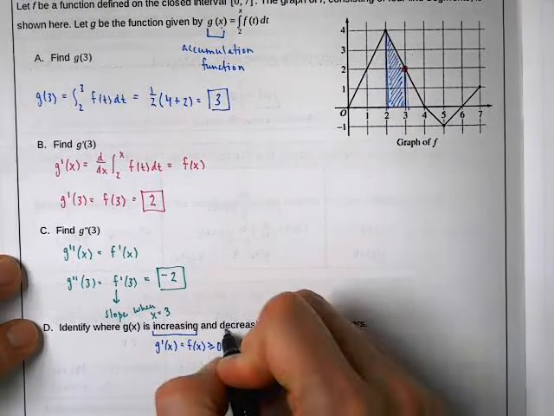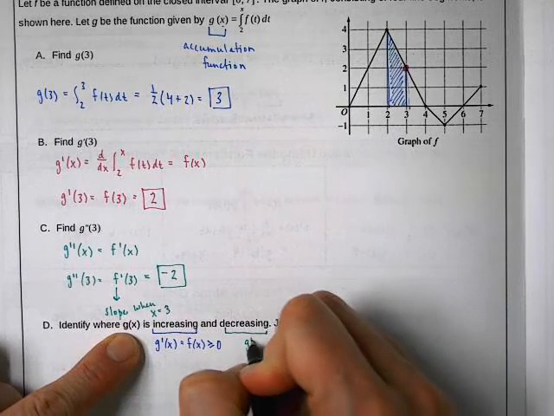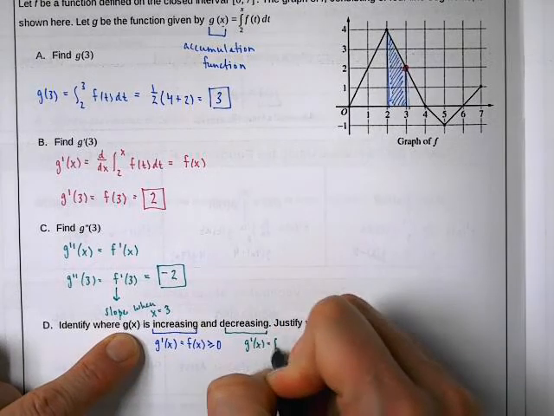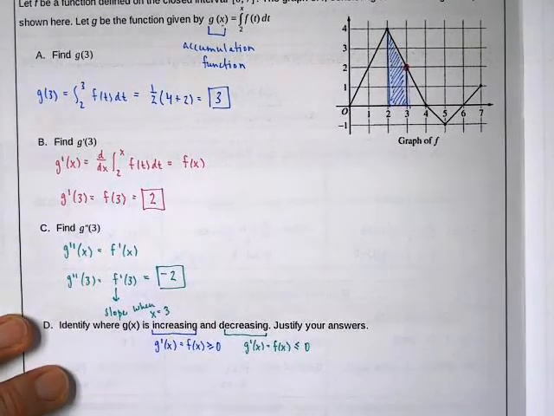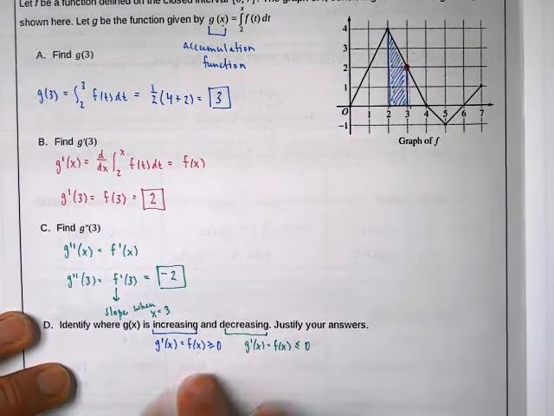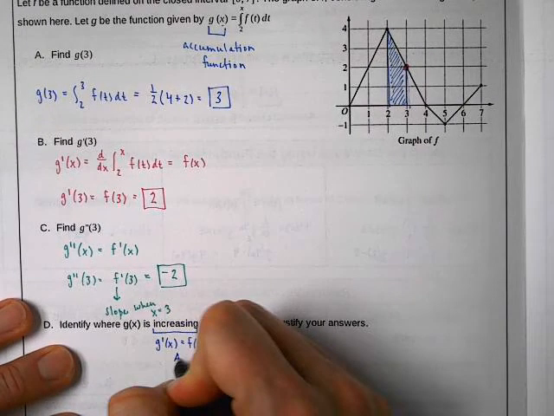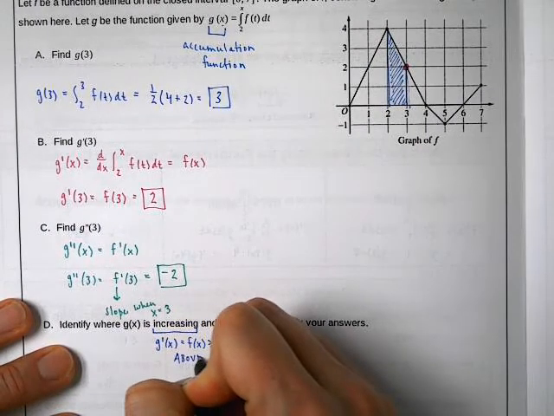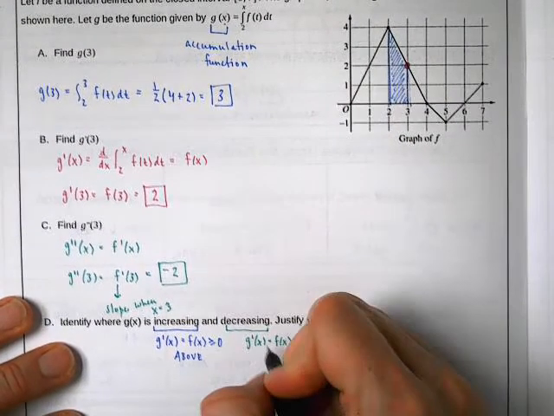And it's going to be decreasing where the derivative of g, which is just f of x, is less than or equal to 0. And again, this corresponds to now f of x being greater than or equal to 0. I'm looking for where that's above the x-axis. And it's decreasing wherever it's below.